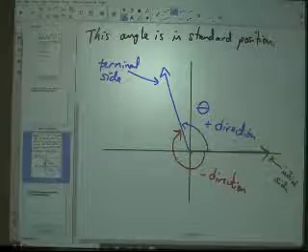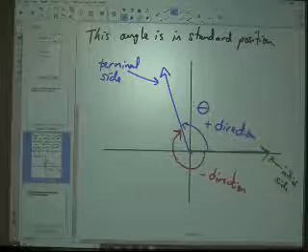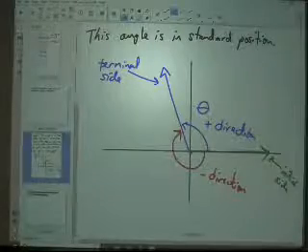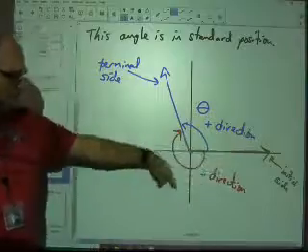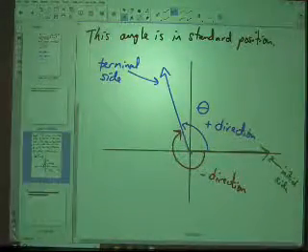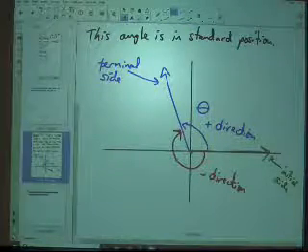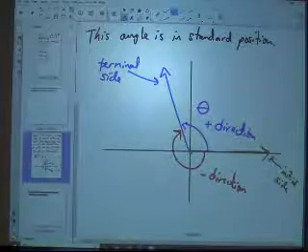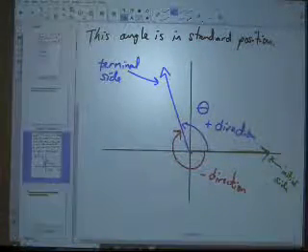Yeah. What's it going to look like? A 105. The same as your positive 105 that we just had, right? So if this is positive 105 and this is negative 255, they're at the same spot, right? We call those co-terminal, meaning they end at the same spot. But you have one that's positive, one that's negative, and they're known as co-terminal angles.